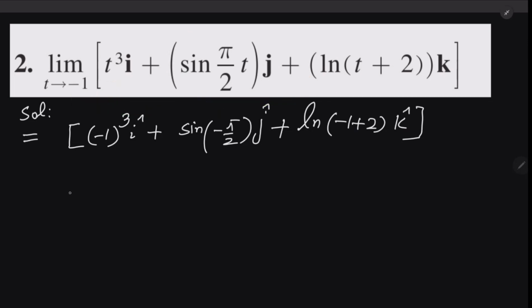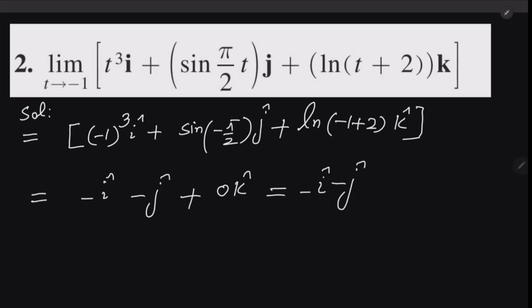Okay, so we have minus i, then sine pi by 2, I'm sorry, sine pi by 2 is 1. So we have minus j, and natural log of 1 is 0, so this quantity is 0k. So we have minus i minus j as the answer.